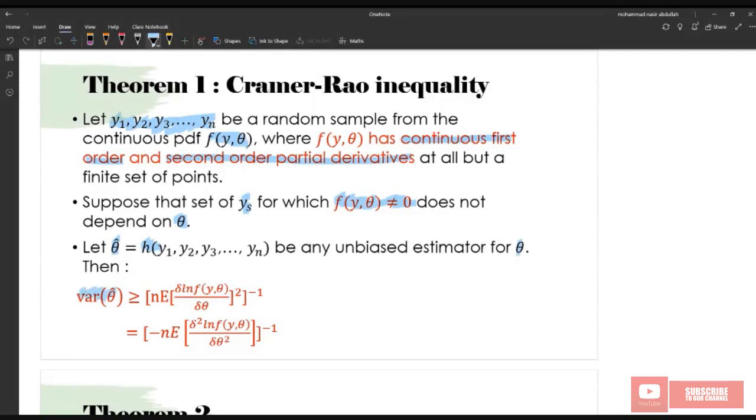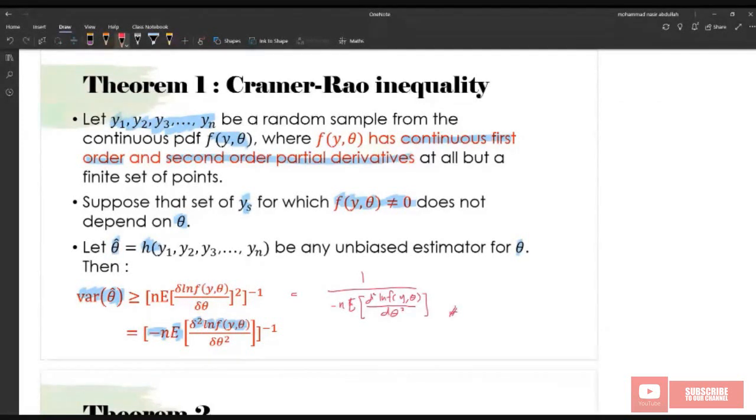Then the variance of theta hat should be more than or equal to 1 over negative n times the expected value of the second derivative of the ln of the PDF f_Y(y; theta) with respect to theta.